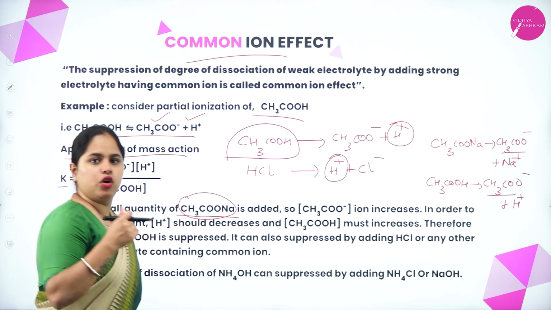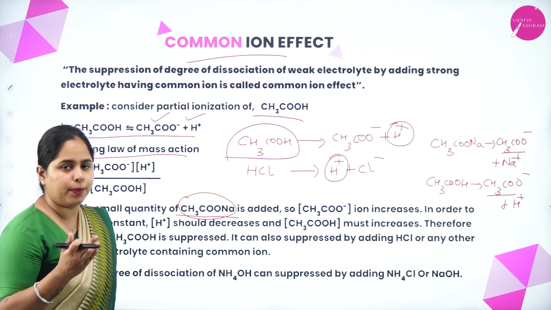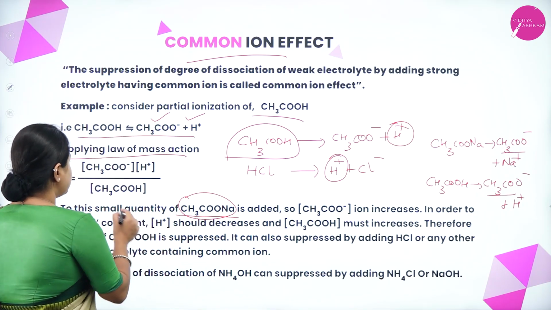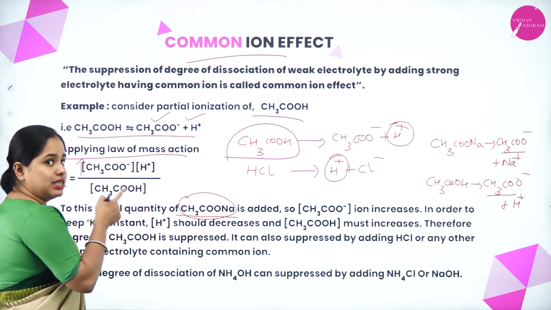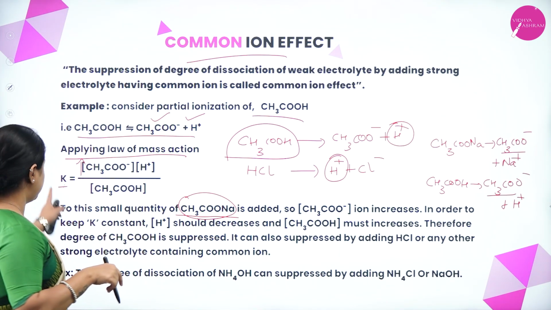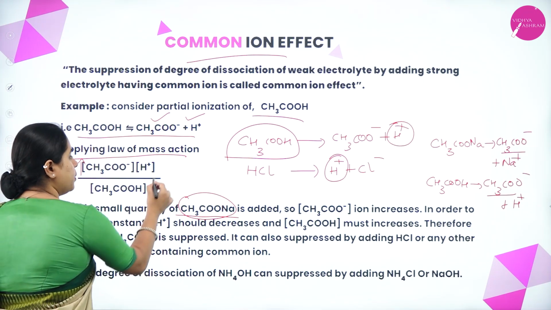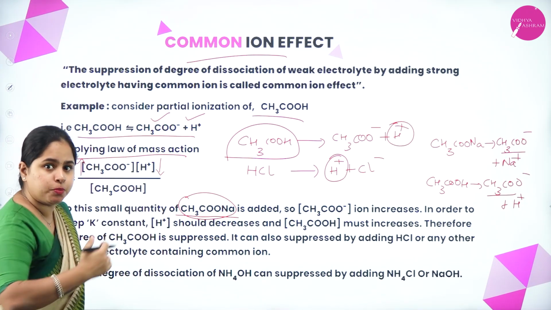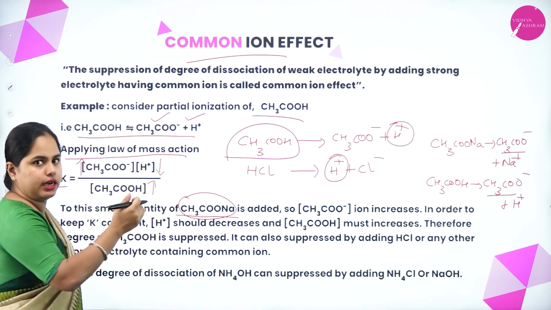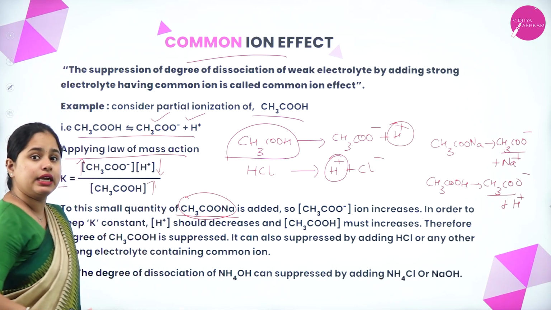So the common ion is acetate ion. As we have added the salt, the concentration of acetate ion has increased. To keep the equilibrium constant the same, this shouldn't change. If the concentration of acetate ion has increased, what should be done? The concentration of H plus should decrease, or else the concentration of acetic acid should increase, right?